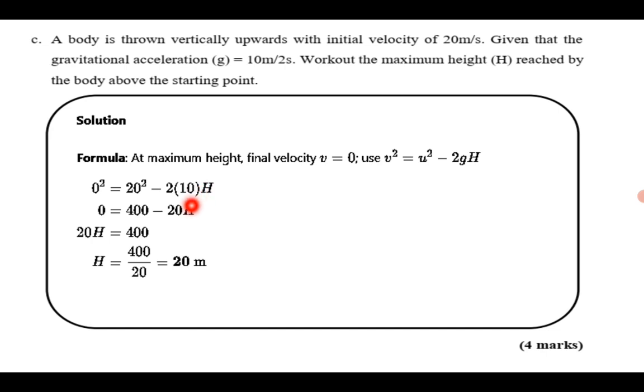So the only variable to worry about is h, which is the one they're asking us to find. Solving for h, in this case, will give us h equals 20 meters. So that's how high the body will fly to the maximum height.